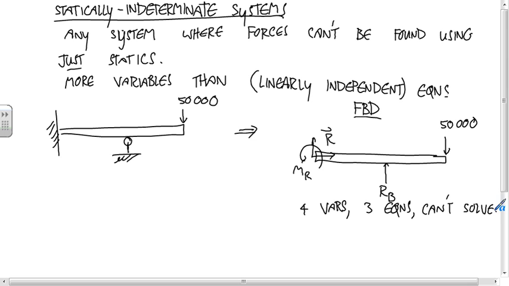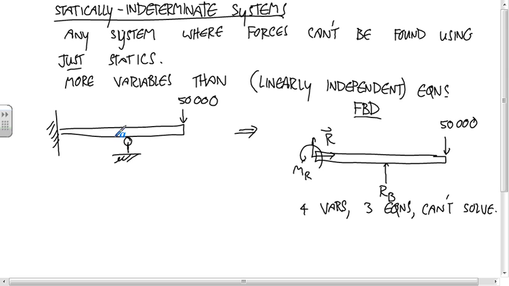That's a little unsatisfying, right? Because you know that if you took an object like this out of whatever material it was, welded it to the wall, put a roller here, nothing crazy would happen, like it wouldn't break because it's statically indeterminate.